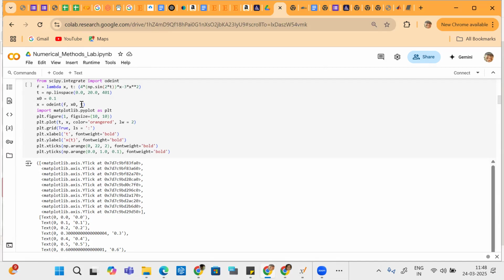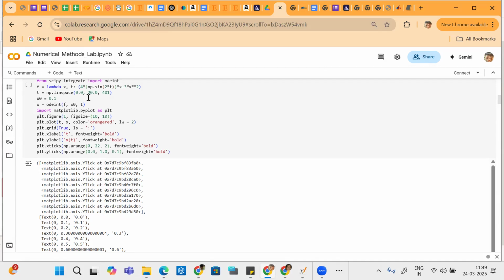You start from 0, then 0 to 20 I am dividing by 401, so you go in that time step. You can compute the time step: 0, then small time step, then small time step, and so on till you reach 20. That means I am planning to solve this ordinary differential equation from time t equal to 0 to time t equal to 20.